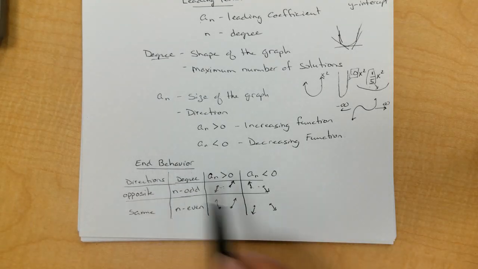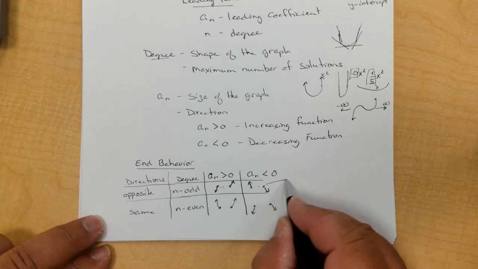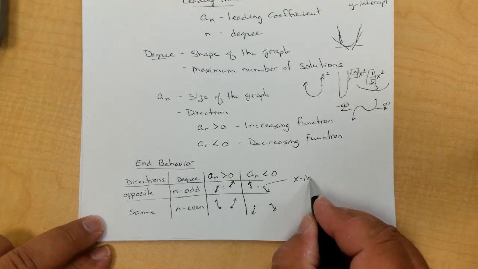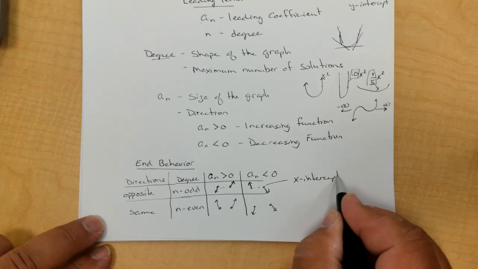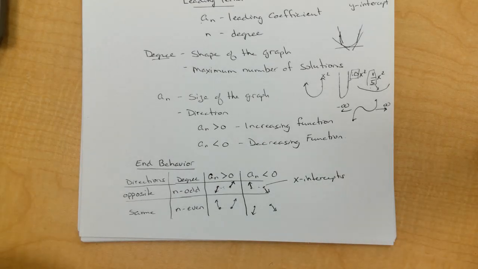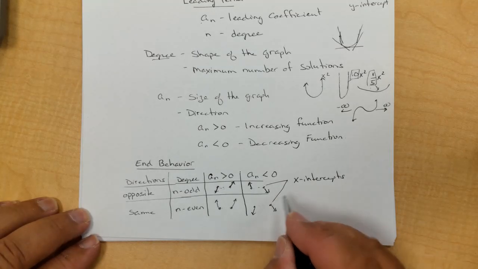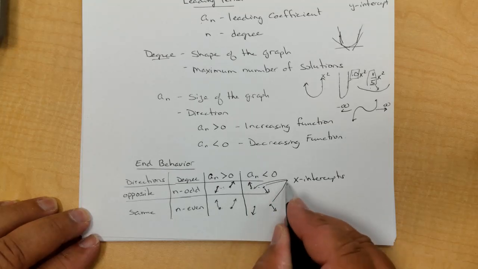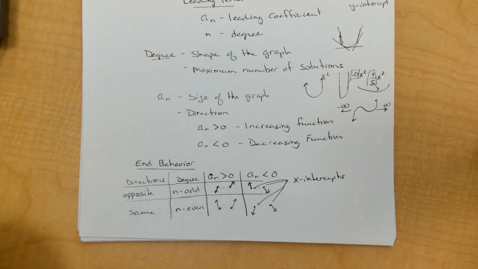The end behavior, what points are those? These points are the x-intercepts. All of these points that we're talking about are the x-intercepts.